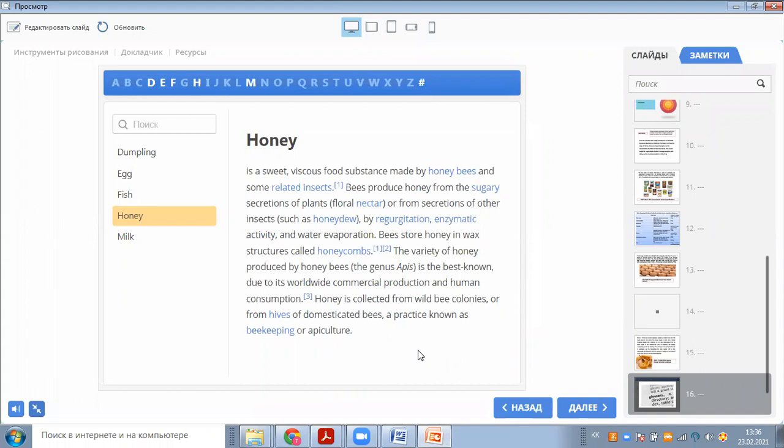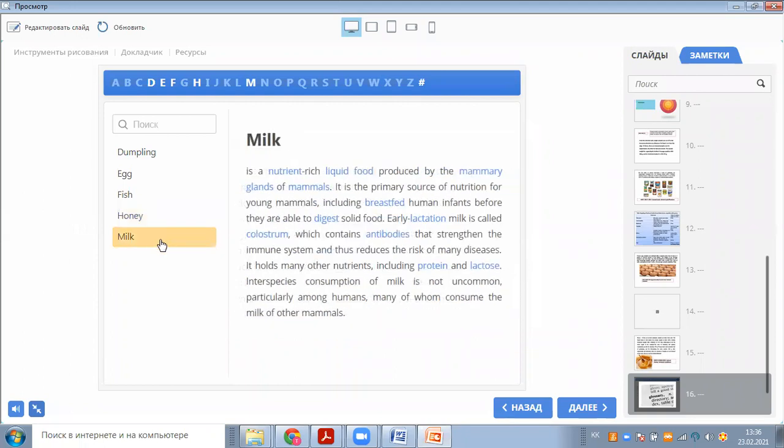And the bees store honey in wax structures called honeycombs, and the variant of honey produced by honeybees is the best known due to its worldwide commercial production and human consumption. Honey is collected from wild bee colonies or from hives of domesticated bees, a practice known as beekeeping or apiculture.